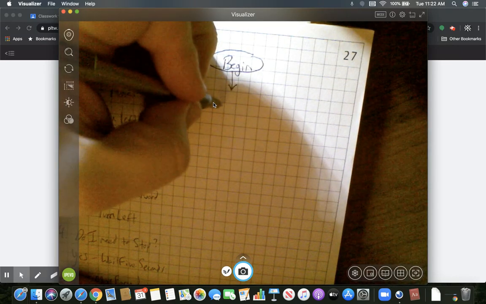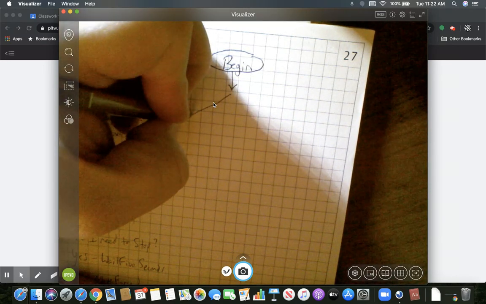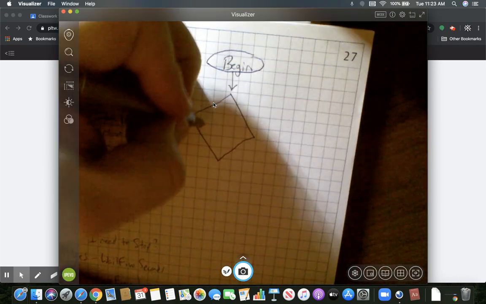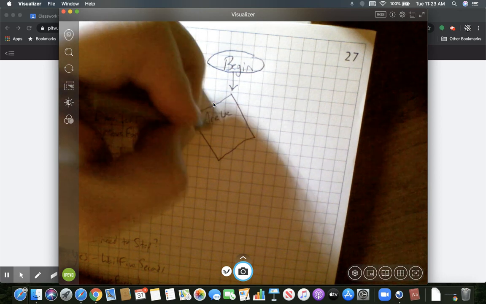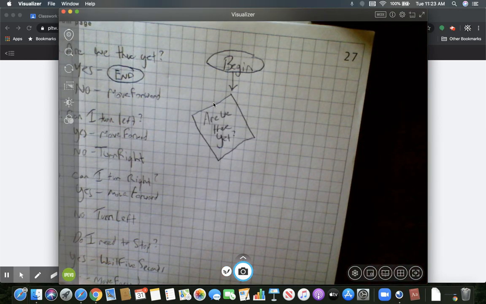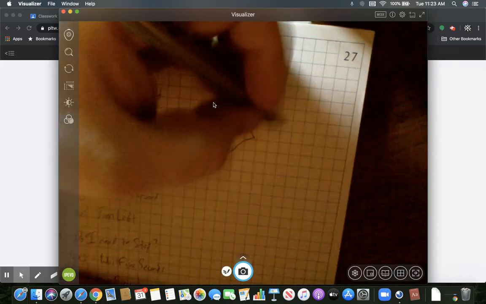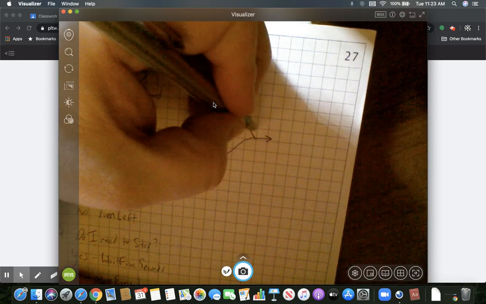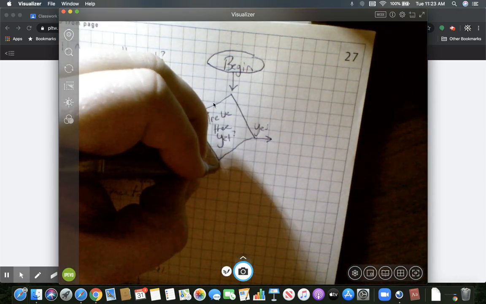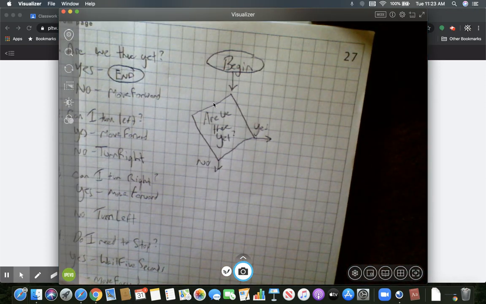So I'm going to put that as a conditional statement. So that's going to be a rhombus. Are we there yet? Okay. So every one of these, we're always going to be consistent. Yes is going to go to the right. No is going to go down.